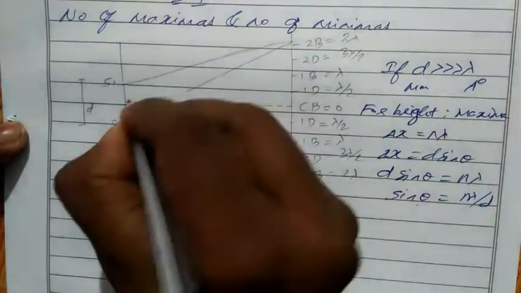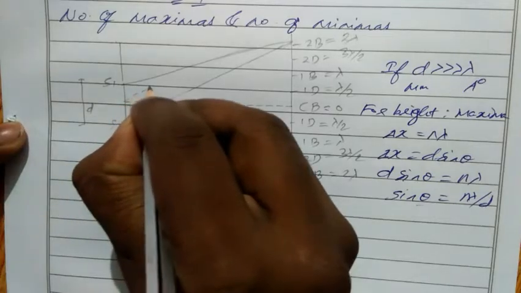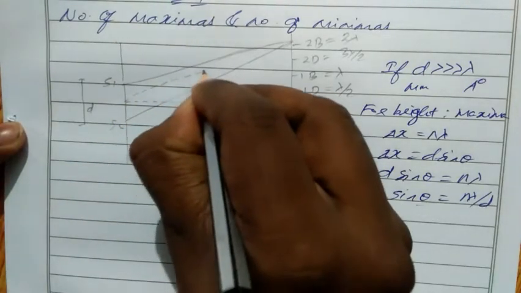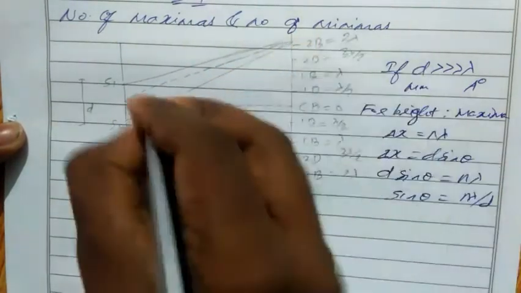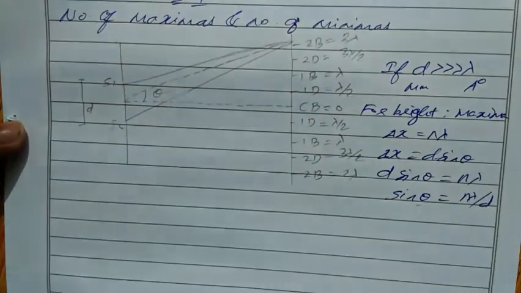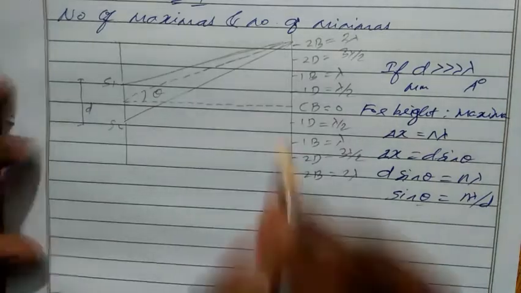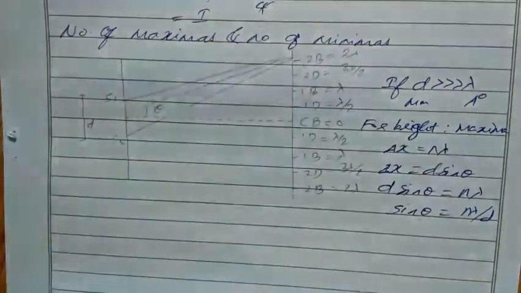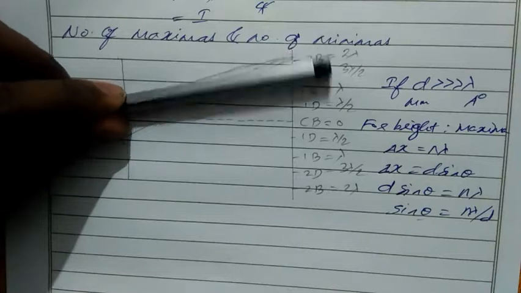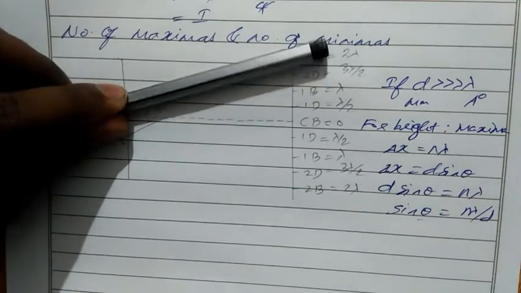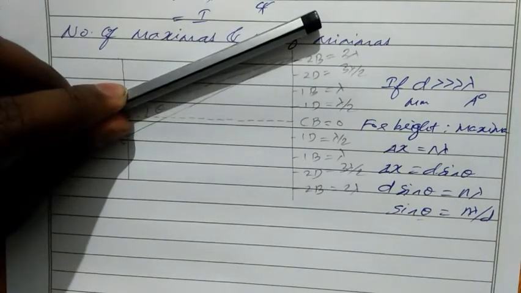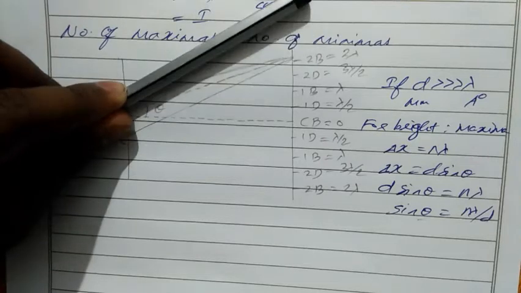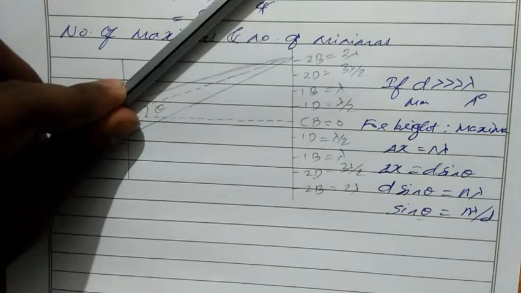Theta means if we connect the center line with the maximum light, we will get this angle theta. We can further increase: if we have a third bright here, or fifth bright, or tenth bright, whatever, then initially it is 2b, for the third bright the angle will be slightly increased, and for another it will be increased again.